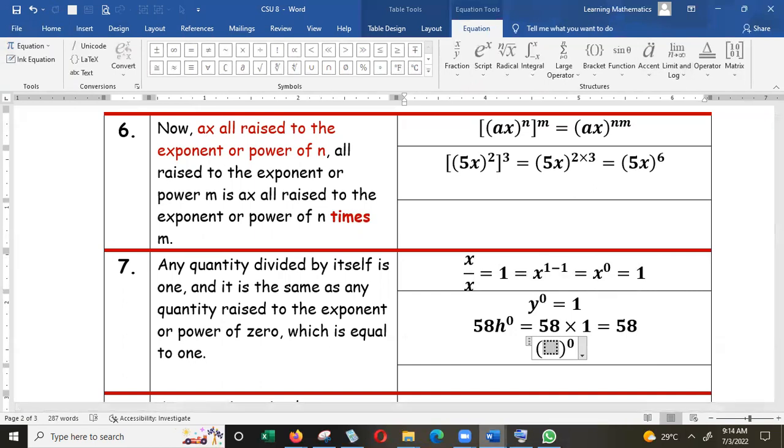We could put x, v, b, x, y, whatever you put inside there, raised to the power of, let's say, 7. Once all of it is raised to the power of 0, anything raised to the power of 0 is equal to 1, because anything raised to the power of 0 is that same thing divided by itself, which is 1. And powers raised, you multiply the powers for powers raised.